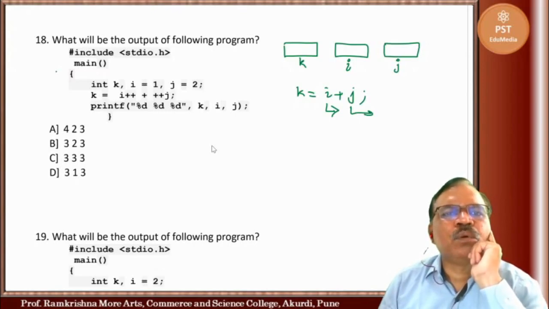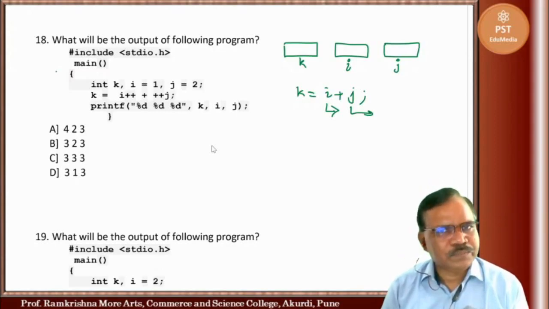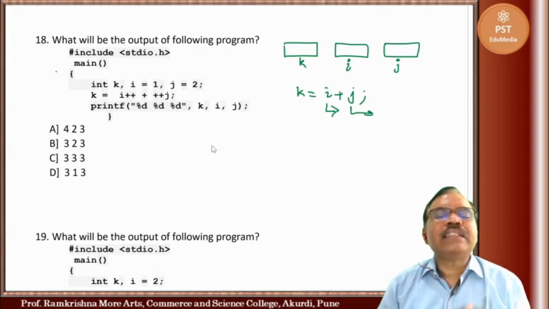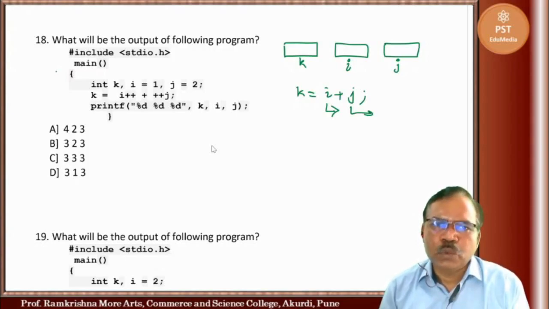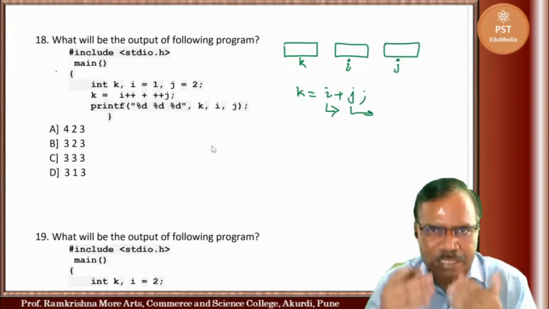For i, it is post increment. For j, it is pre-increment. Pre means first it is increased and then used. Post increment means first used and then incremented.